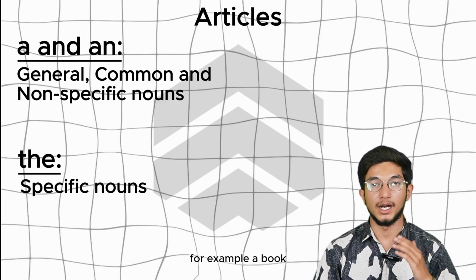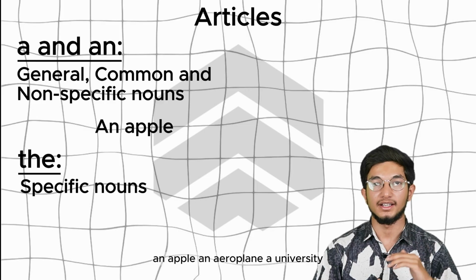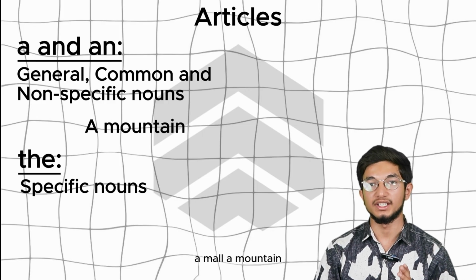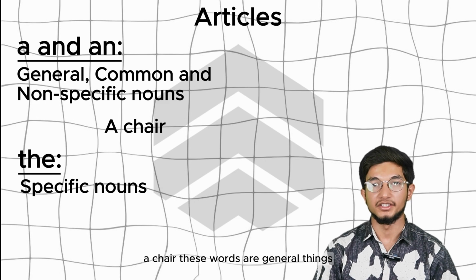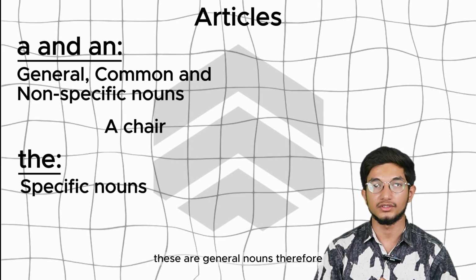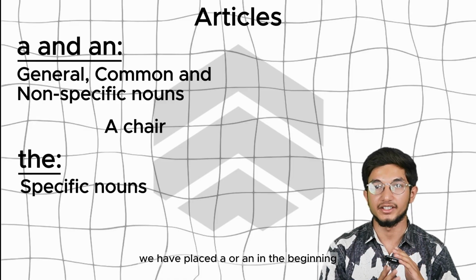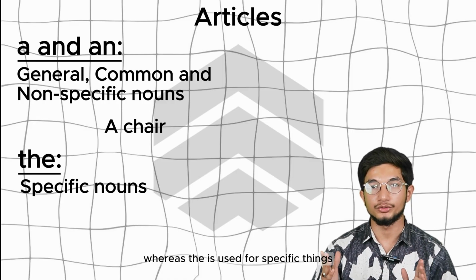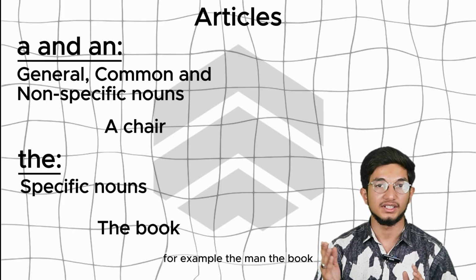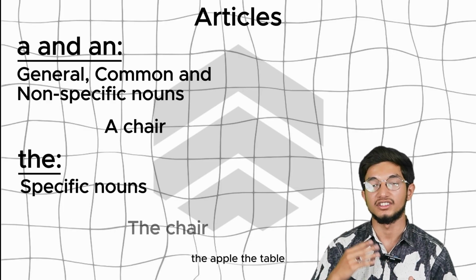For example, a book, an apple, an aeroplane, a university, a mall, a mountain, a chair. These are general nouns, therefore we have placed a or an at their beginning, whereas the is used for specific things. For example, the man, the book, the apple, the table, the chair.